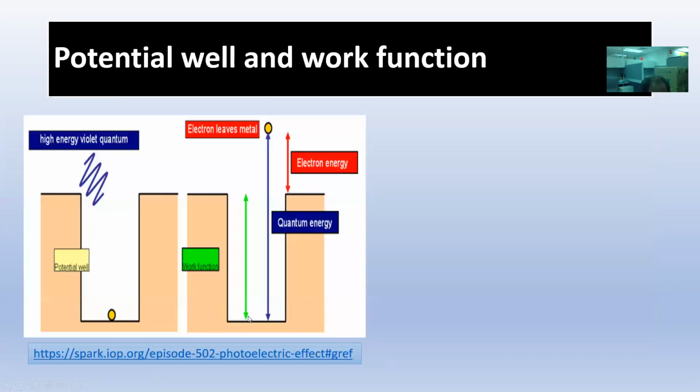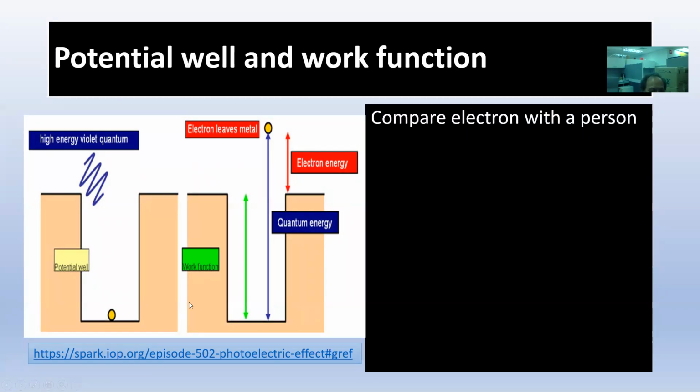And then we went to give you some idea how to think of it. We can think of potential well and work function. You can think of it like this ball there, or this electron there has to jump up to that top there. And the sides are all very smooth. It cannot jump midway and then jump again. So this is the minimum potential energy, or we call it work function, that this electron requires, or the person required to jump to the top there.